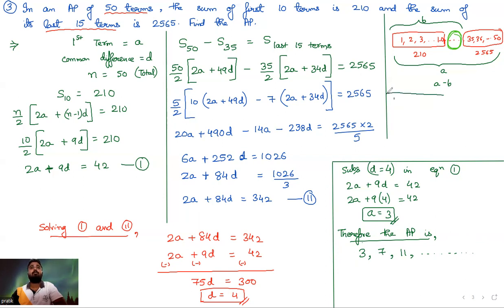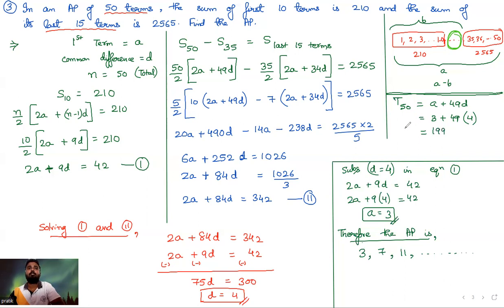Why is it necessary to be found out? Because they're telling that there are 50 terms. Had they not told, then it would have been an infinite one. So T50 is a plus 49d, where a is 3, plus 49 into 4. 49 into 4 is nothing but 196. 196 plus 3 is 199.